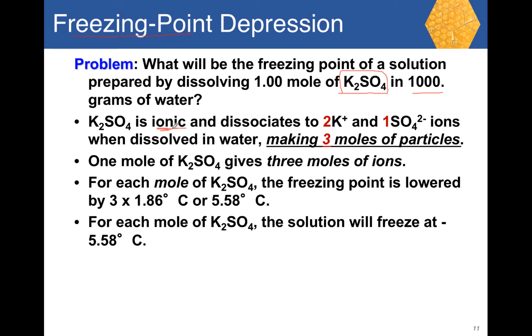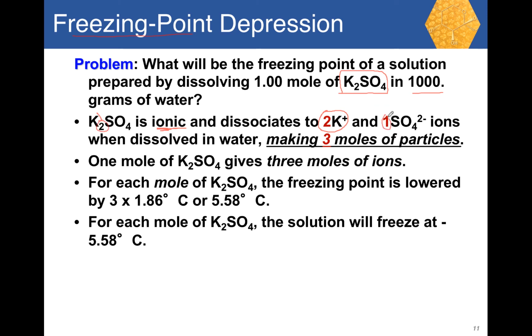Water is a good polar solvent. So you put an ionic compound such as potassium sulfate or sodium chloride in water, it's going to dissolve it by forming ions. So here we have 2 moles of potassium cation, K+.